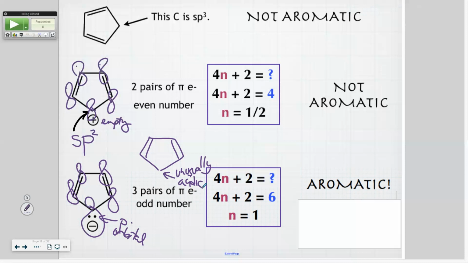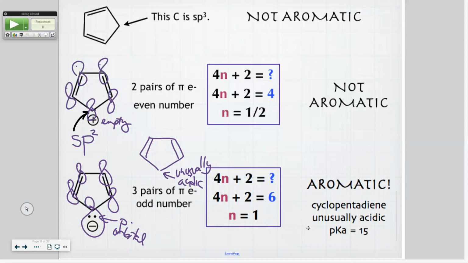So molecules that are aromatic are going to be unusually stable. Okay, they're going to try to be that way. Okay, the pKa is 15, which is like unbelievable for a hydrocarbon.